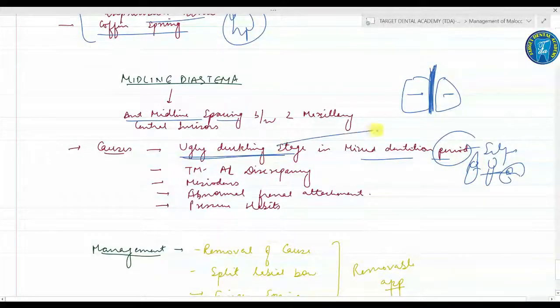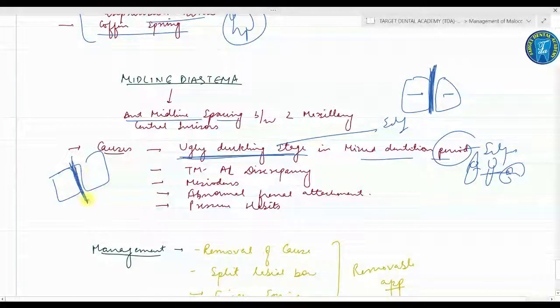So if the gap remains as it is, it will be said to be a midline diastema.